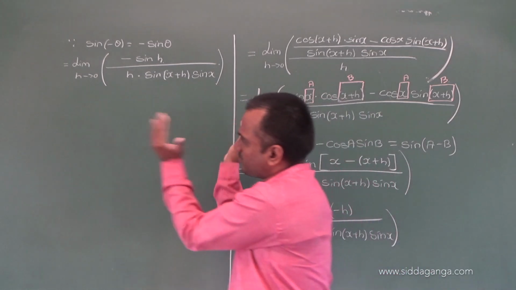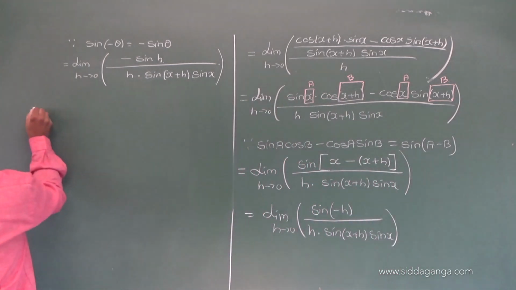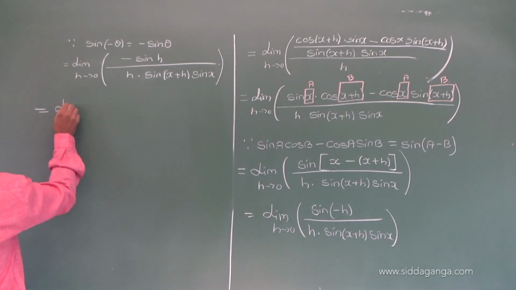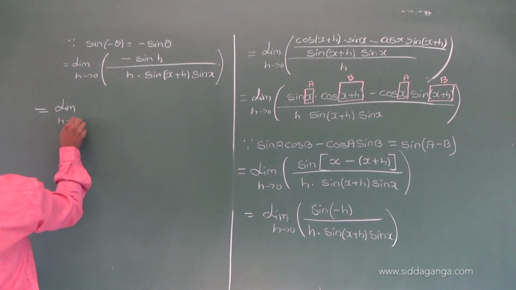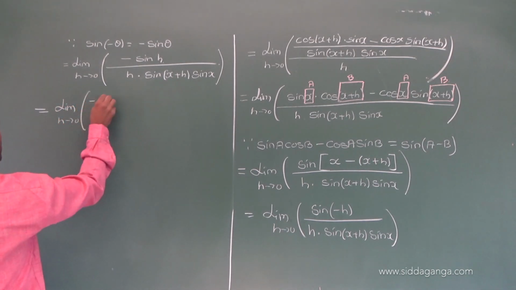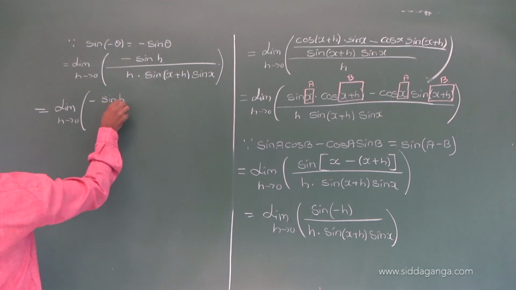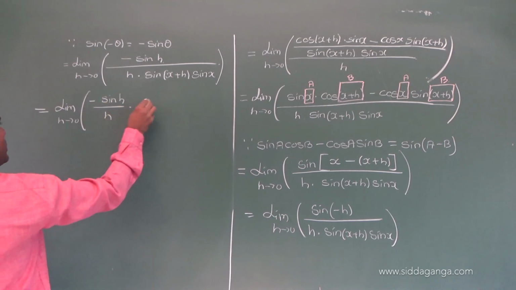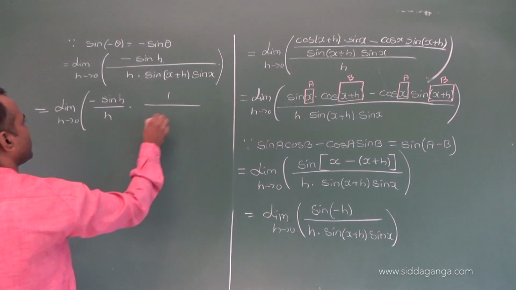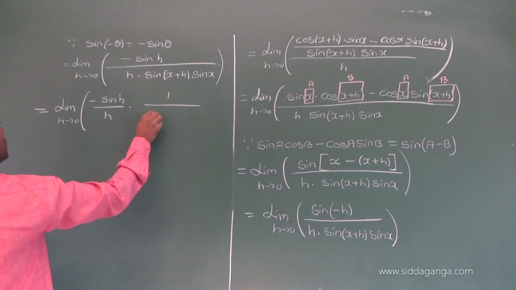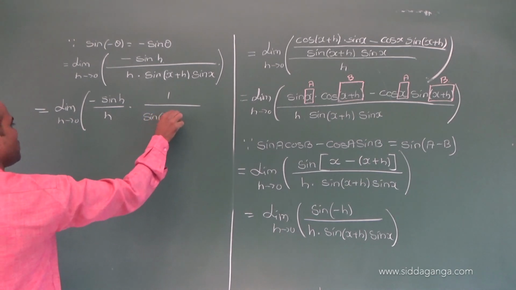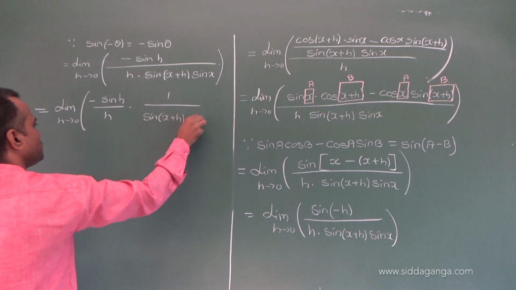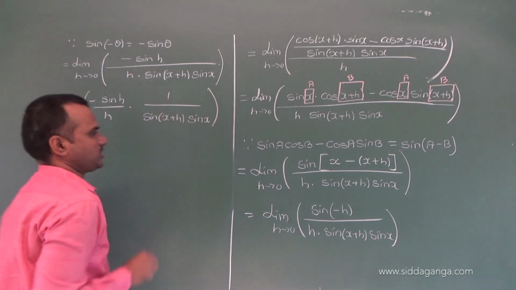We separate into two parts. Limit h tends to 0, minus sin h divided by h, into 1 divided by sin(x plus h) into sin x.